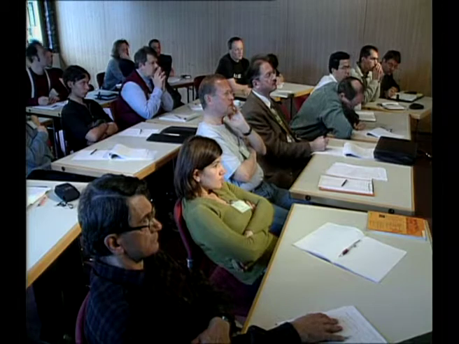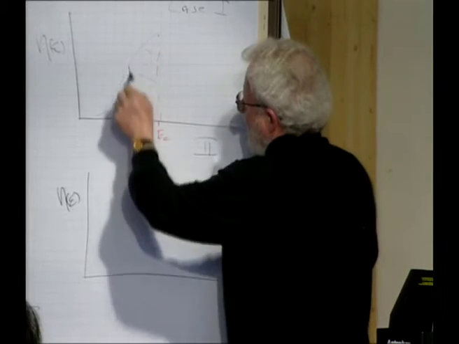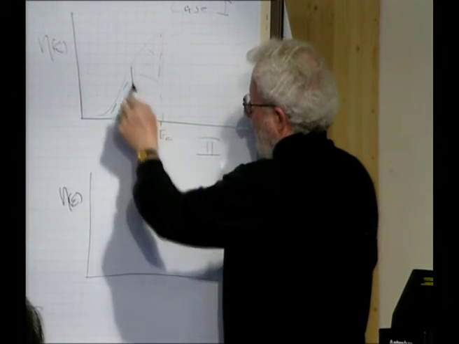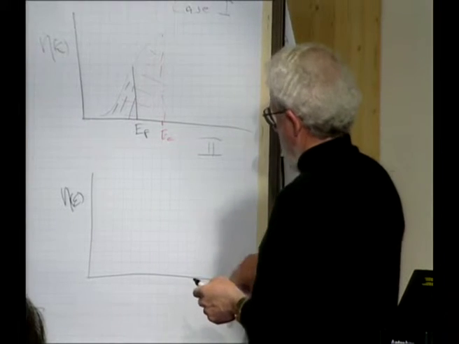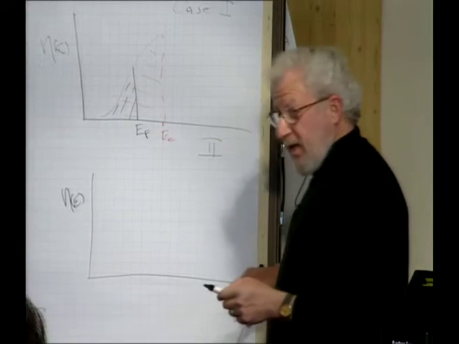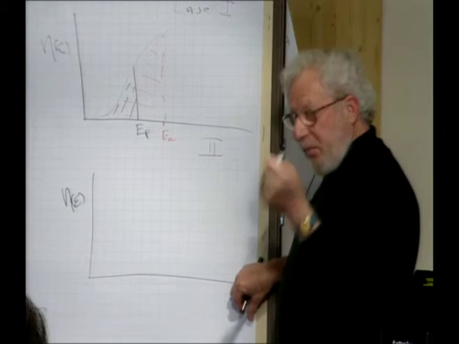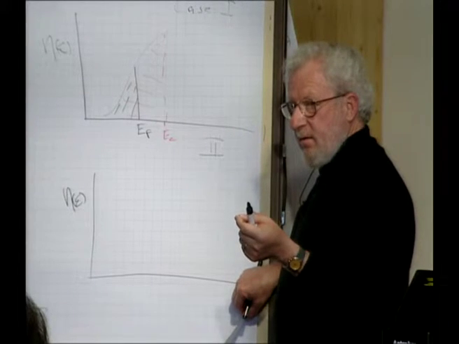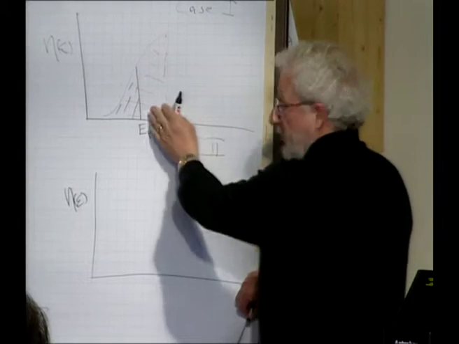Neville Mott, in 1970, I think, invented a different idea. He called it variable range hopping. All of these states are localized, but they're localized at different places in the solid. I want to redraw this picture in another way.